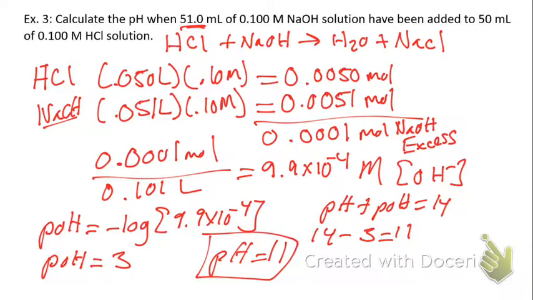But since we have a little bit of excess base, 1 milliliter of it, it drove the pH clear up to 11. Okay, so these are the calculations that we would take for a strong acid, strong base titration. All right, so this is it for part 1.